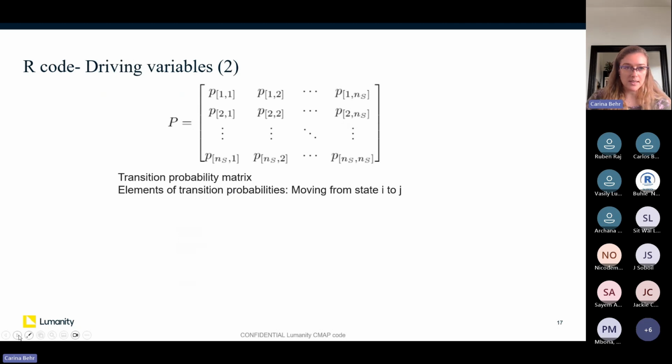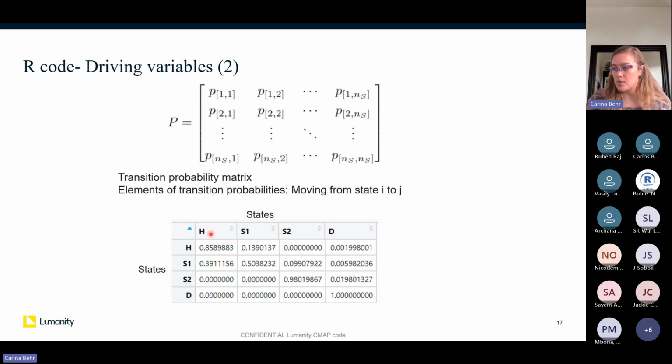Another important variable is called P in this model, and it's the transition probability matrix. So again, I have an example. It's the probability of moving from one health state to the other. For example, here you can see you can't move from dead to healthy.